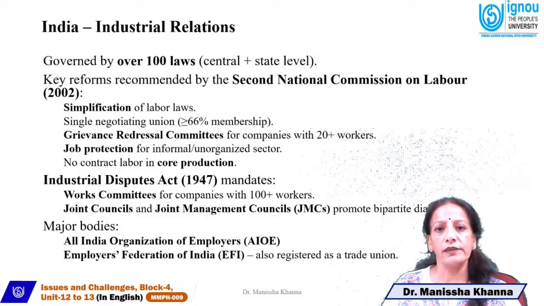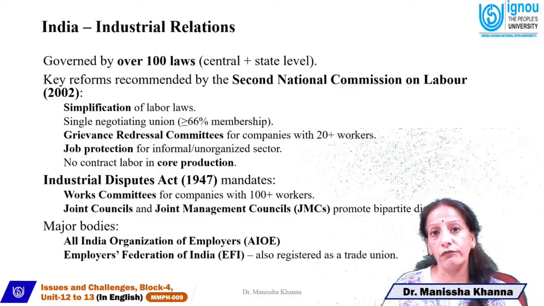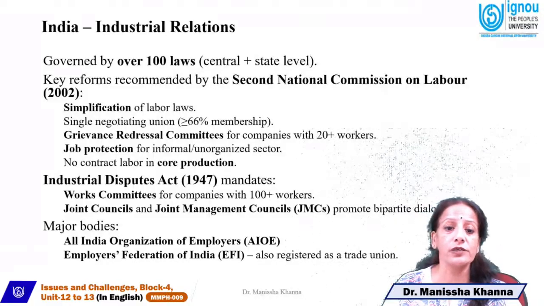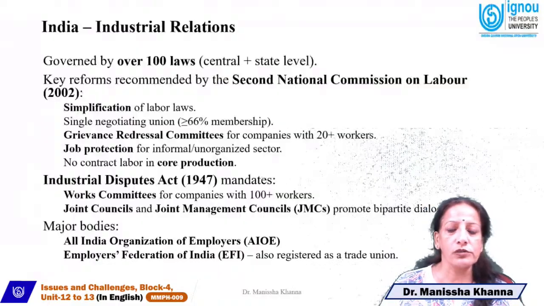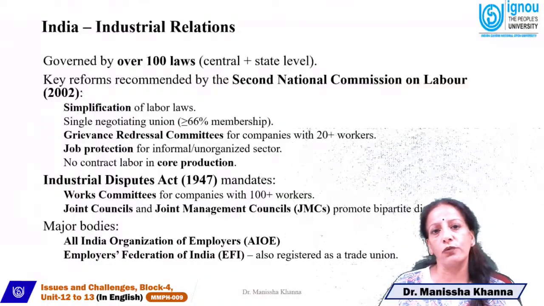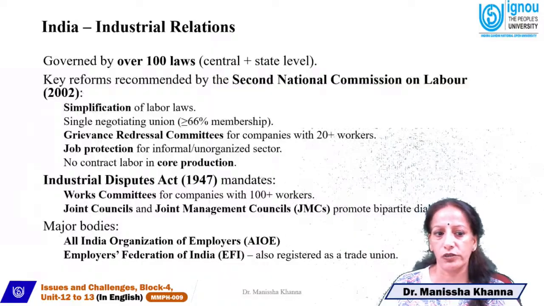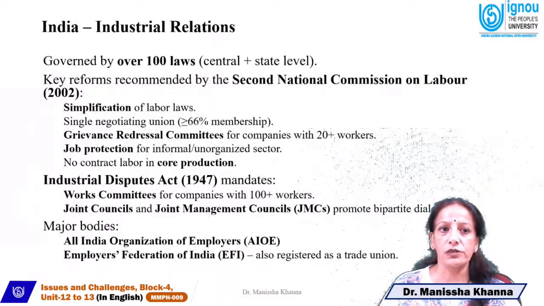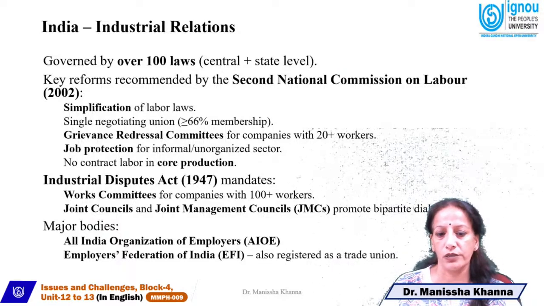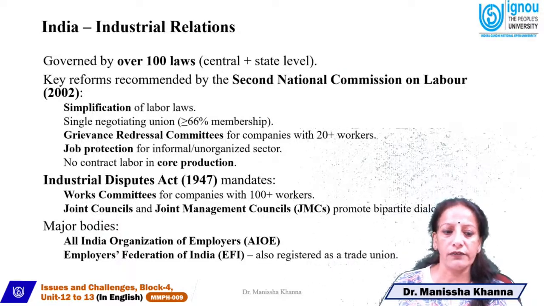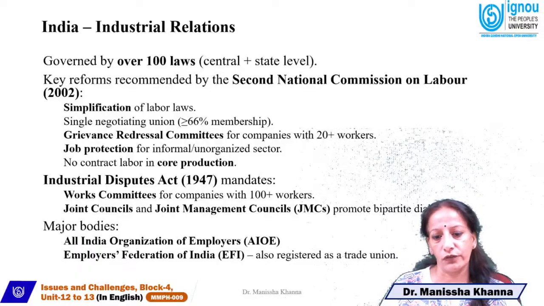Then there is another act, the Industrial Disputes Act 1947, which mandates the Works Committee for establishments with 100 plus workers, and joint councils and joint management councils were formed to promote bipartite dialogue. The major bodies in India are AIOE, that is All India Organisation of Employers, and EFI, that is Employers Federation of India.